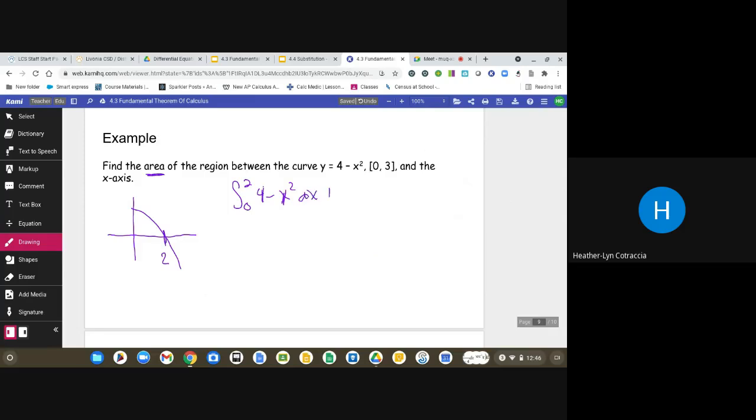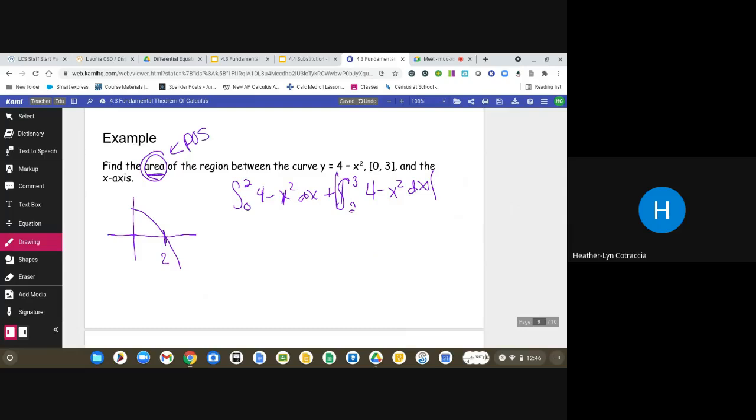And then I'm going to add to that the integral from 2 to 3 of 4 minus x squared dx. But that answer is going to be negative, so I'm going to absolute value that. And that's only because of that word area, and the area always has to be positive.